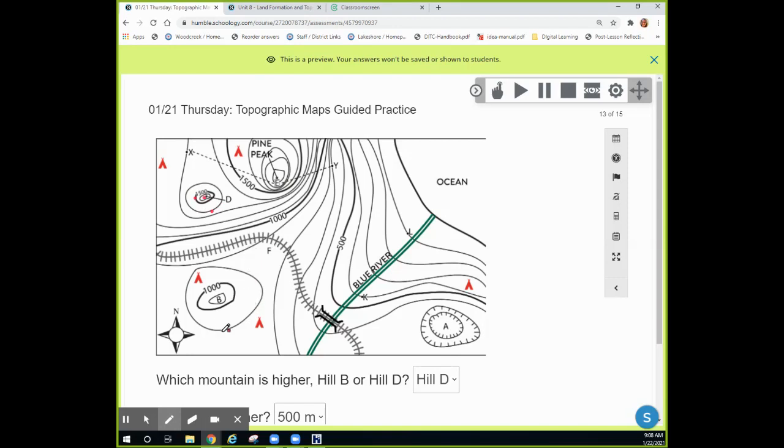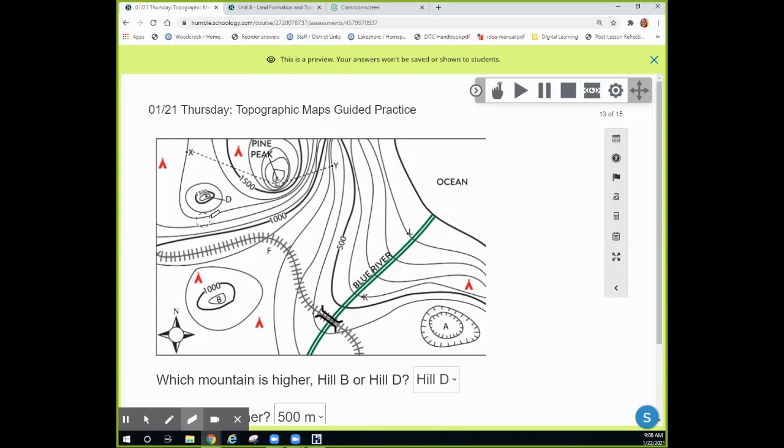Well, you have 3 intervals for B too. And D is definitely steeper because those 2 lines up here are taller, but I think it is a better indicator for this particular question to look at the elevations and calculate the difference.